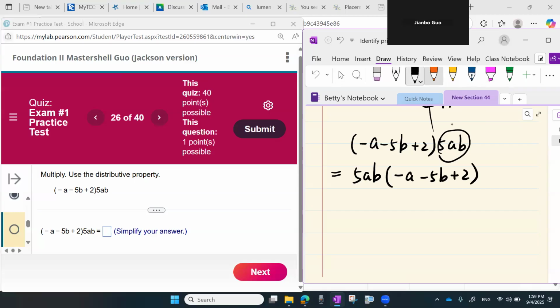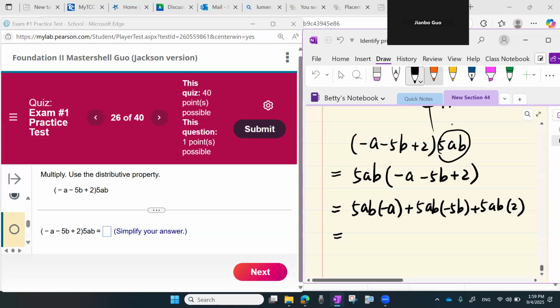Okay. So now we're going to distribute. We have 5ab times -a, and then 5ab times -5b, and then 5ab times 2. 5ab times every single term in the parentheses. So 5ab times -a: negative 5, a times a is a squared, b.